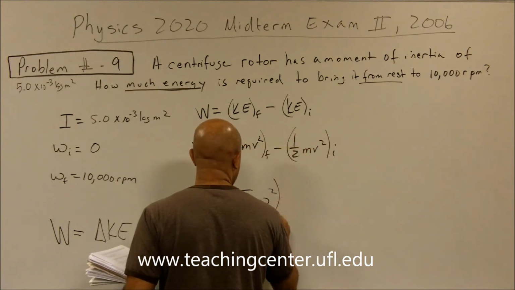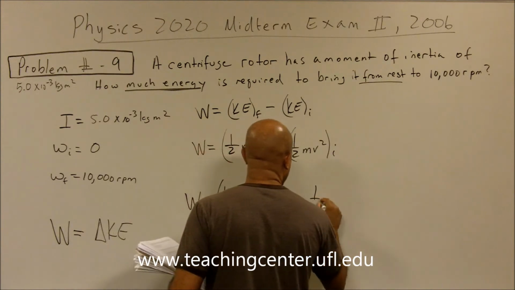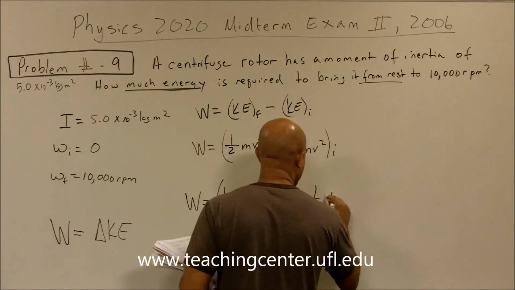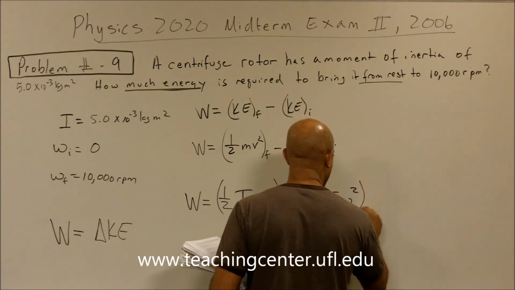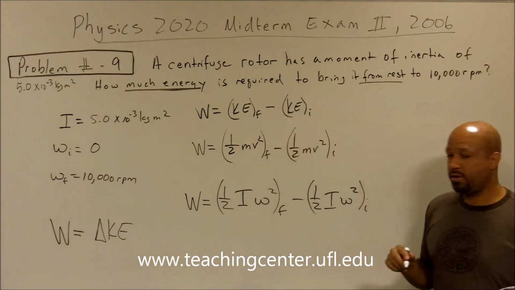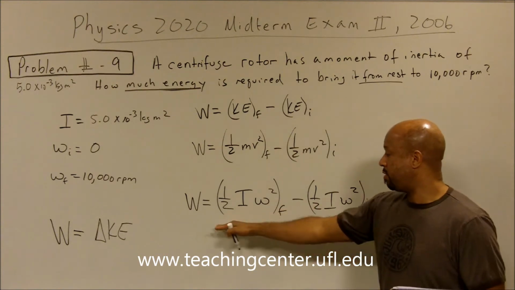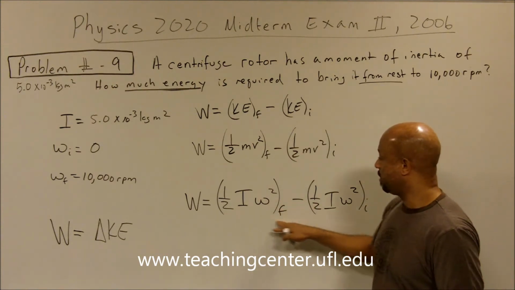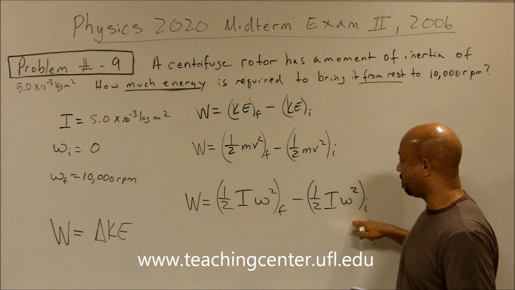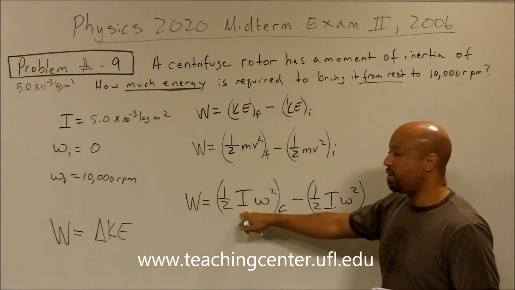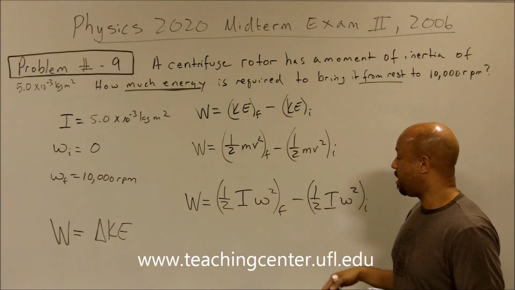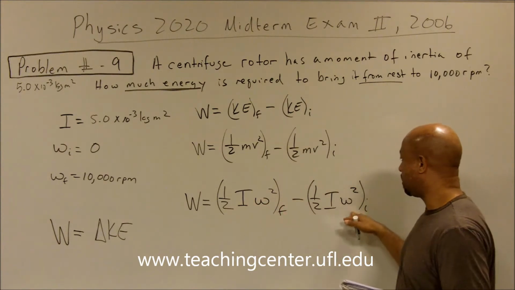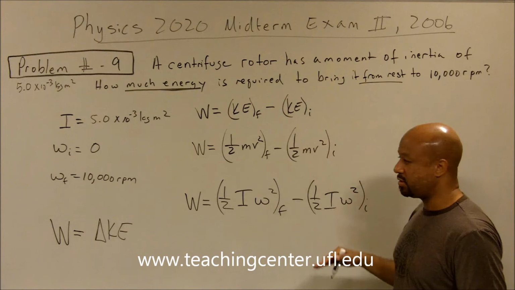And we can substitute that in. All right, so now our new rotational equation for work is actually this expression here, where we have moment of inertia substituted for mass, and we have angular velocity, omega, substituted in for velocity.